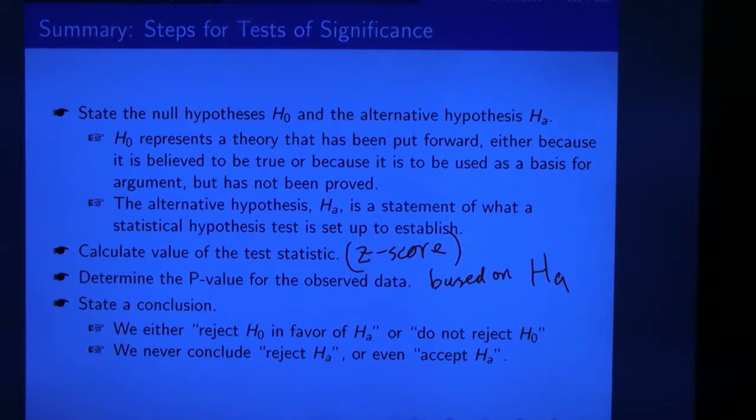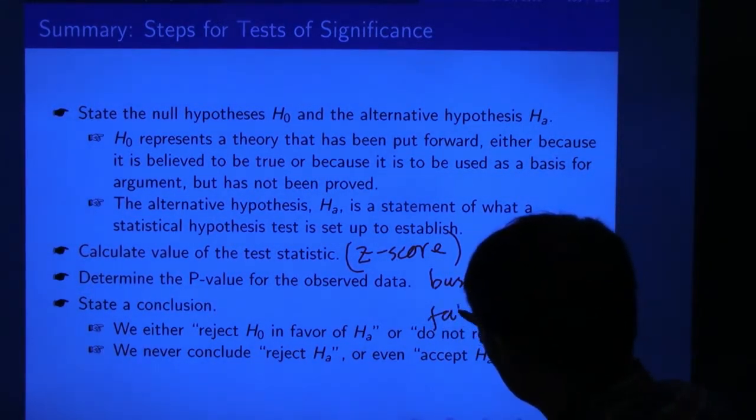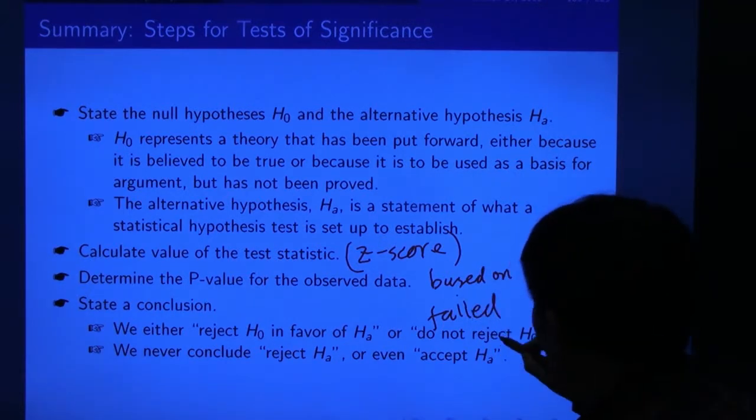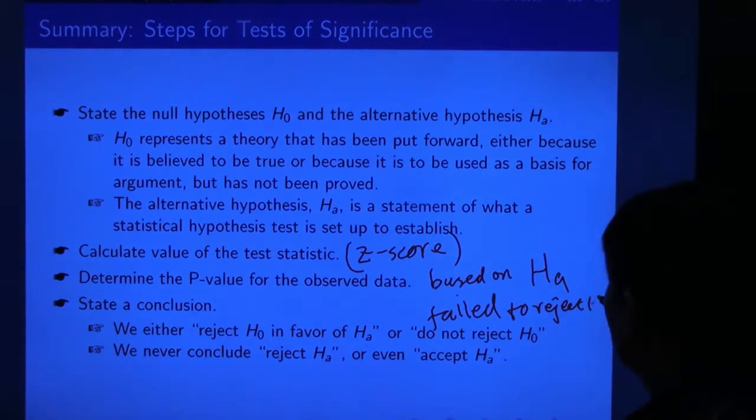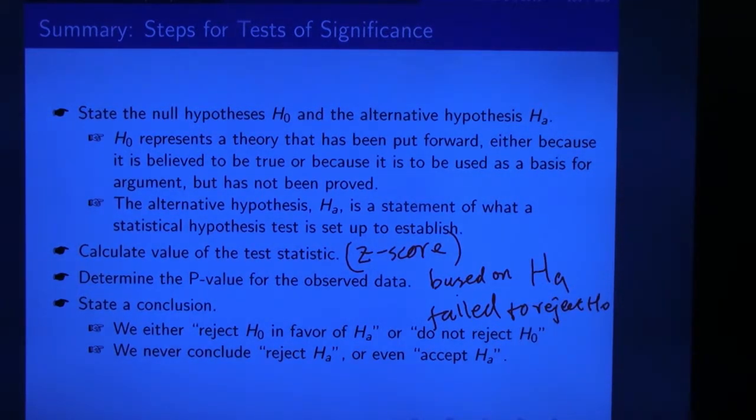Then the last step is we state the conclusion. We either reject H0 in favor of HA, or we do not reject H0. That means we fail to reject H0. We cannot reject.